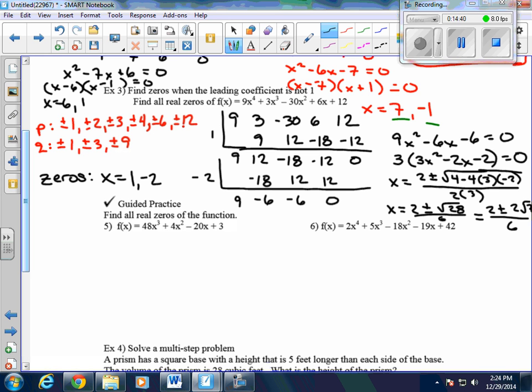So if we reduce that, we're going to get 1 plus or minus the square root of 7 over 3. And so here are the zeros to that problem.